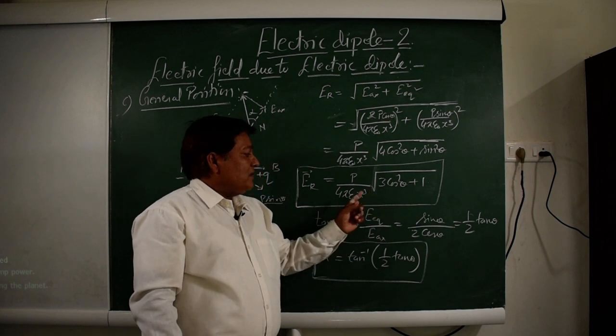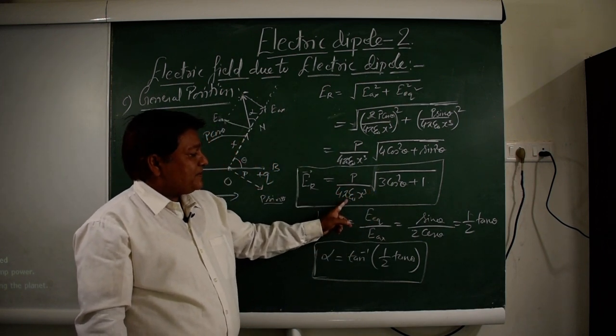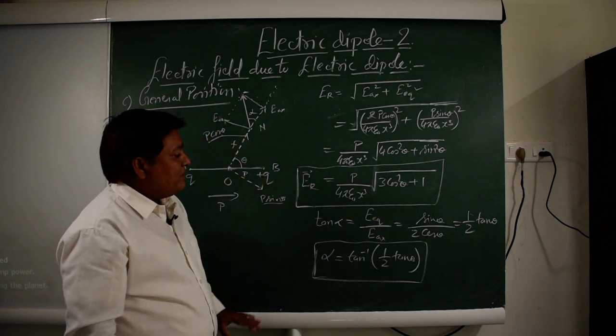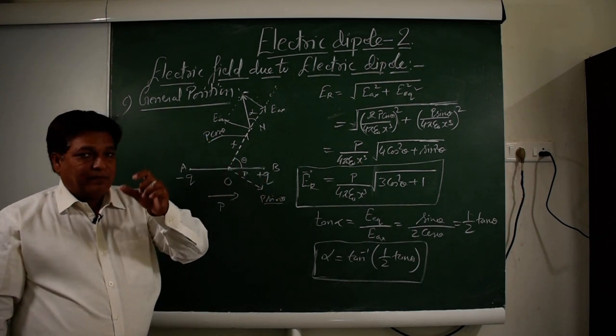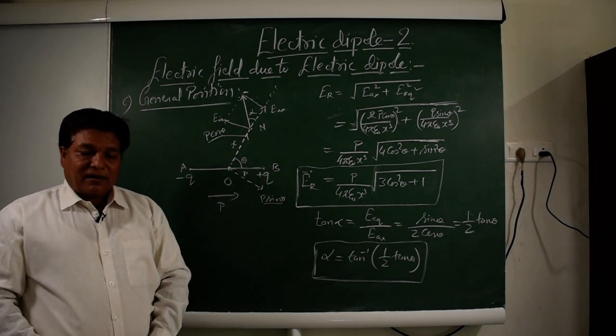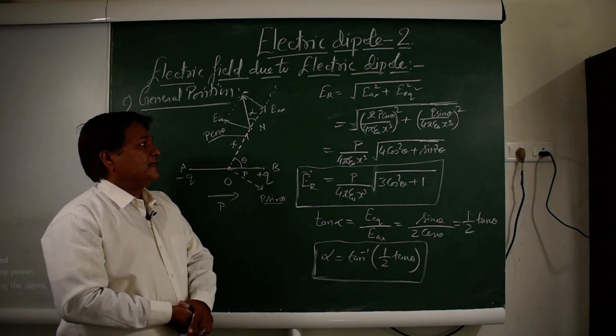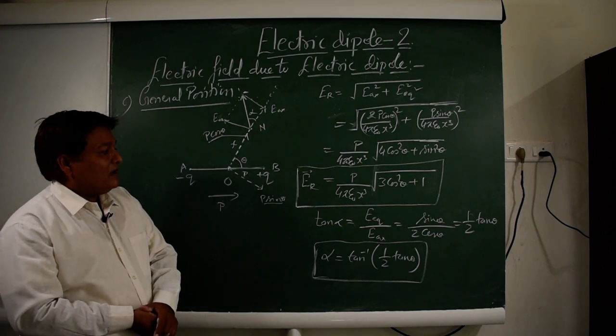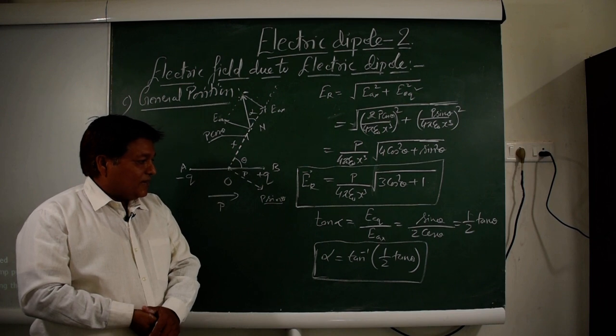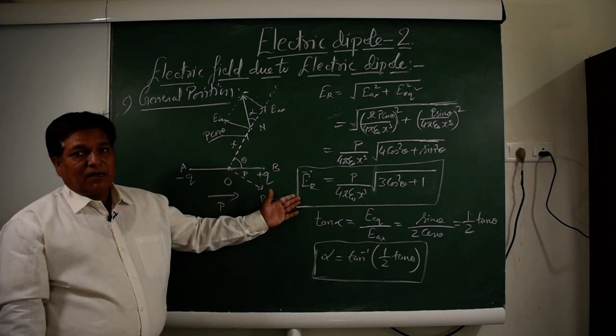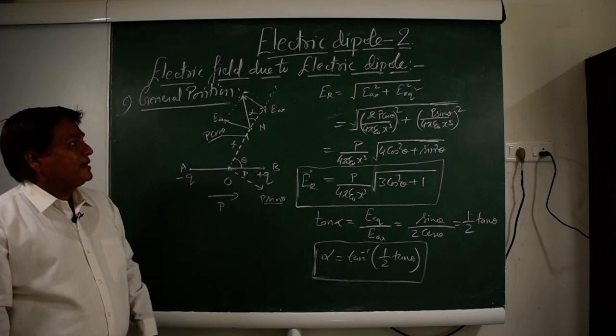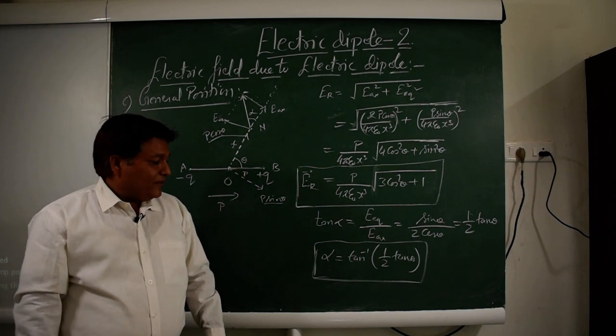Under root 1 is 1, so what is left is p upon 4 pi epsilon naught x cube. So in both cases, if we place the value of theta here, we can get the value for the axial position and also for the equatorial position. This is the general formula for the electric field at a general location of an electric dipole.